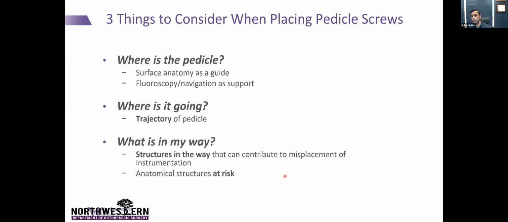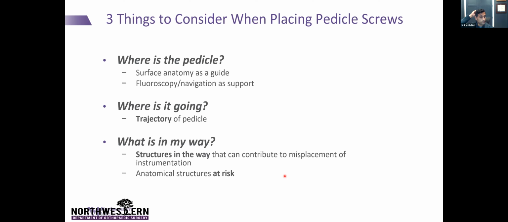But when you start getting into older patients with inflammatory disorders like rheumatoid or DISH or just really hypertrophic joints and distorted anatomy, it can be pretty hard. You can get very lost and confused quick. So fluoroscopy or imaging intraop can help you with that. But at the end of the day, you need to know where to expect the anatomy. Otherwise, it won't be of as much help.